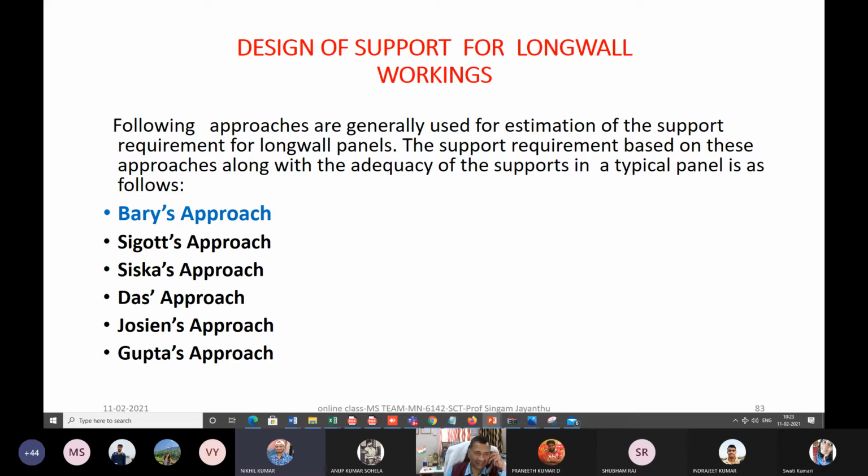So I need to read the full slide, sir. Following approaches are generally used for estimation of the support requirement for longwall panels. The support requirement based on these approaches, along with the adequacy of the support in a typical panel, is as follows: Berry's approach, Sigurt's approach, Siska's approach, Das approach, Joysons approach, and Gupta's approach.